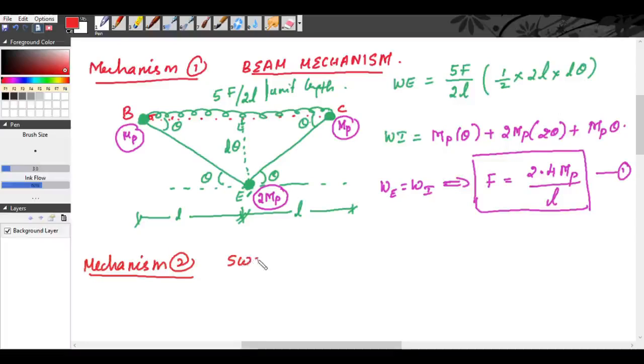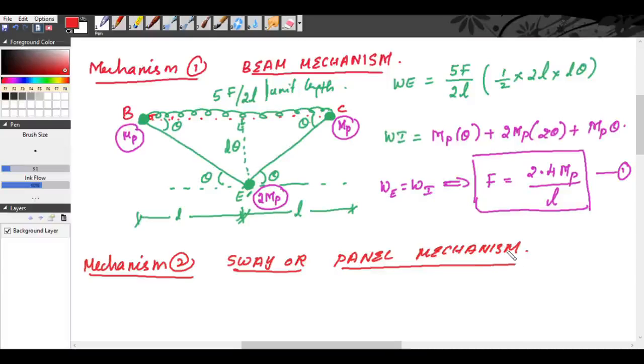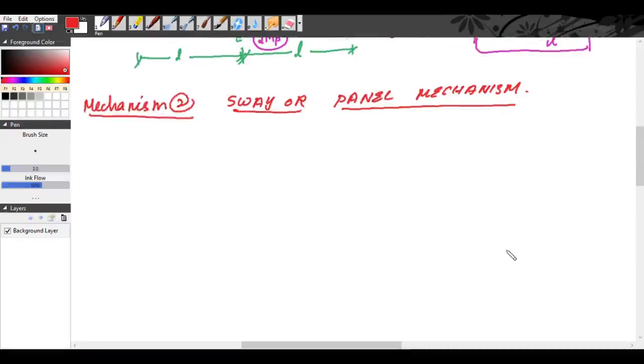Mechanism 2 is the sway mechanism, or panel mechanism. So, for that, first of all, we will draw our frame.